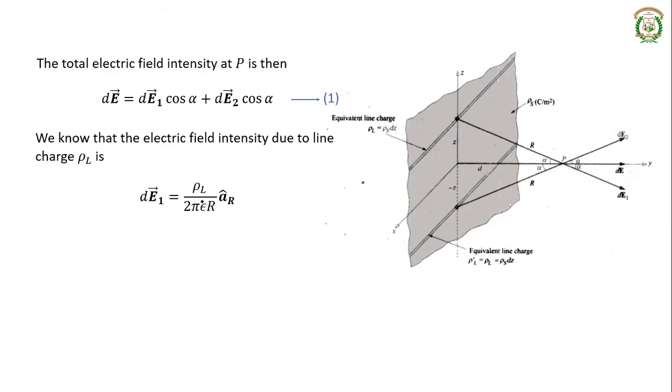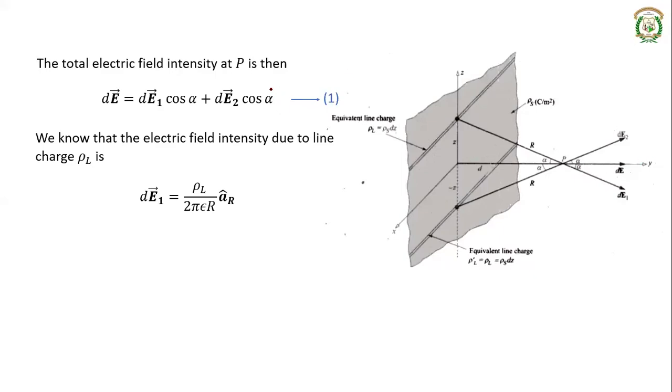In this case dE1 is rho L divided by 2 pi epsilon r into ar cap, where r is the distance in the radial direction. In the previous case it was rho, because rho was the distance of the point from the line. Here the distance of the point from the line is capital R, that's why we have put capital R in this place.